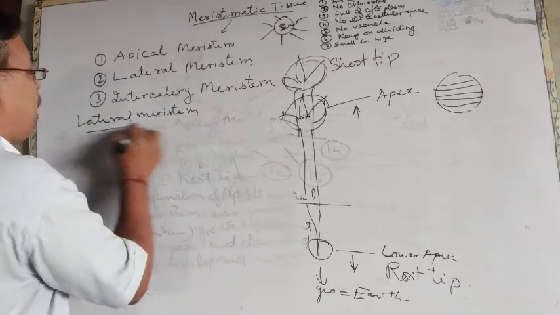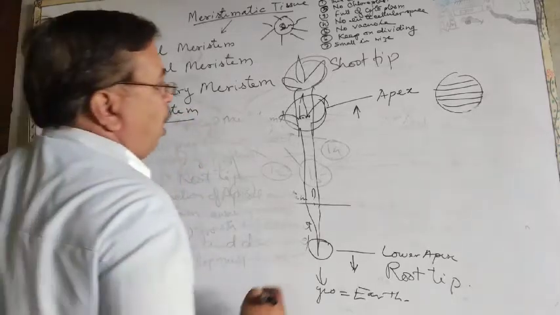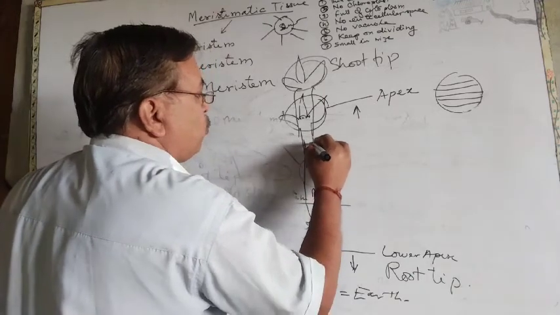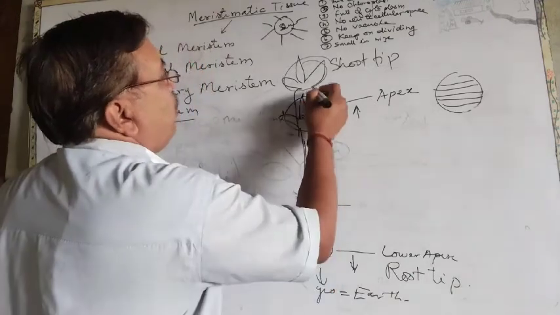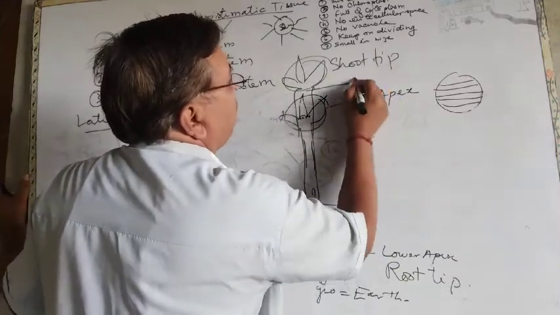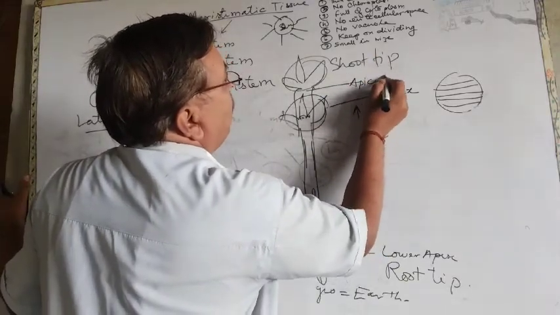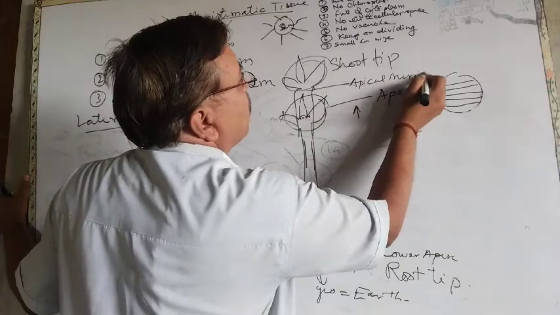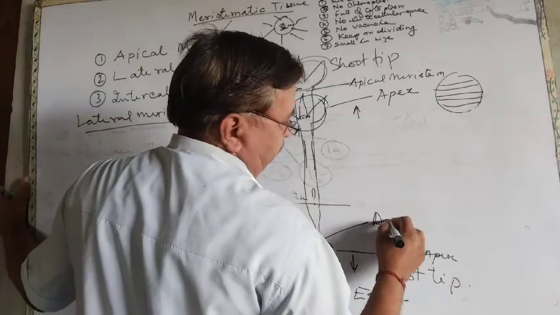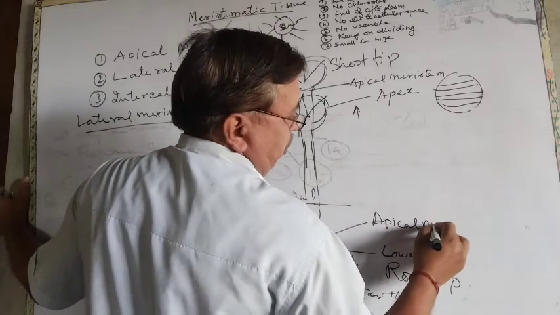This is the second kind of meristematic tissue, and this is present in the peripheral regions. So here what type of tissue? I have not written apical meristem here.